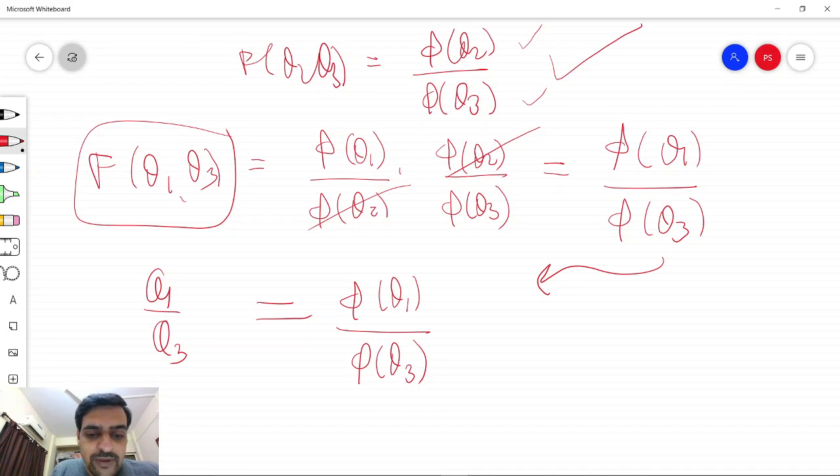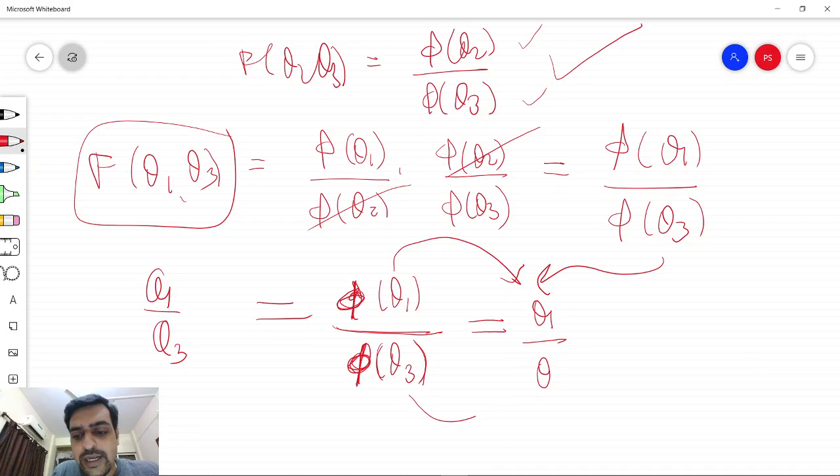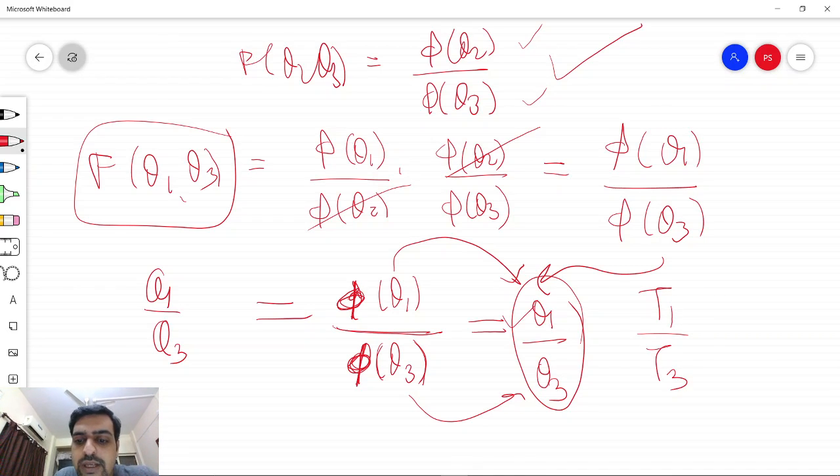Now a suitable function of theta 1 can be chosen as the numerator. Similarly, a suitable function of theta 3 can be chosen as the denominator. The simplest choice is to take the theta 1 temperature itself and theta 3 temperature itself as the function. Now, just to denote it in a different way, we write it as T1 by T3 instead of using theta.